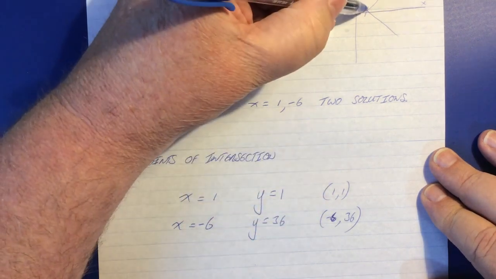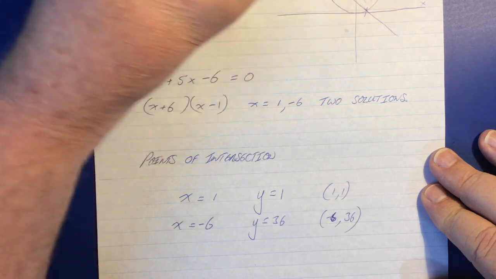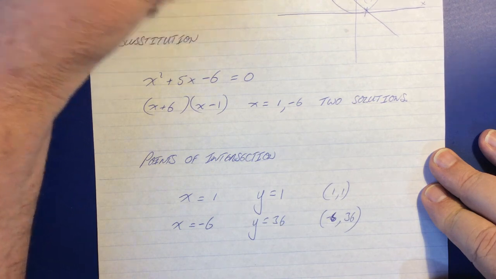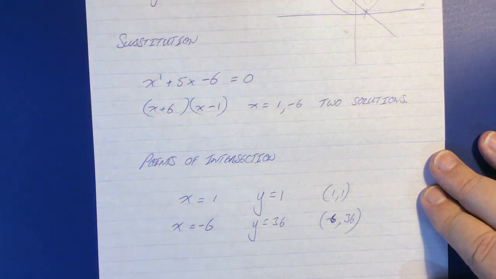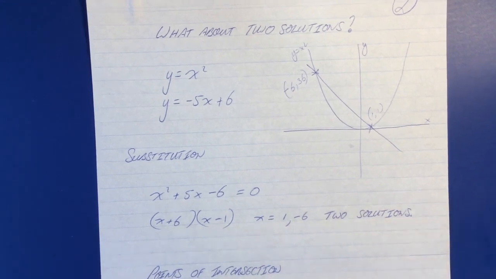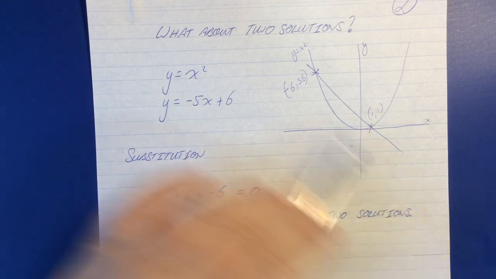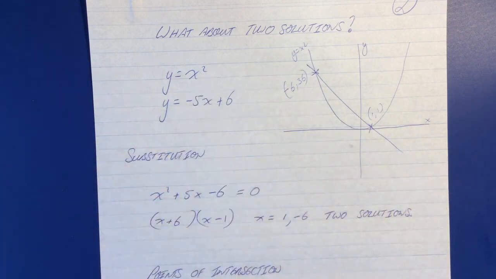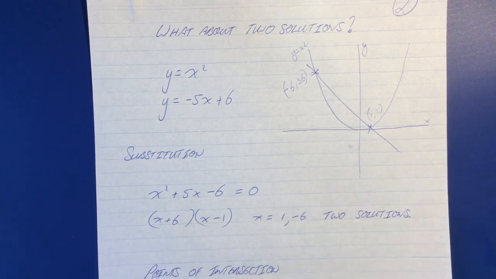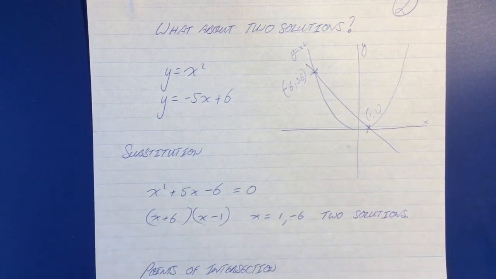So 1, 1 here, badly drawn, and negative 6, 36, I hasten to add, not drawn to scale. But what we have is a process by which we've discovered two points of intersection on the parabola when we overlay the line negative 5x plus 6 across it. Okay, I hope that is clear. It's just a little more complicated than the first example.